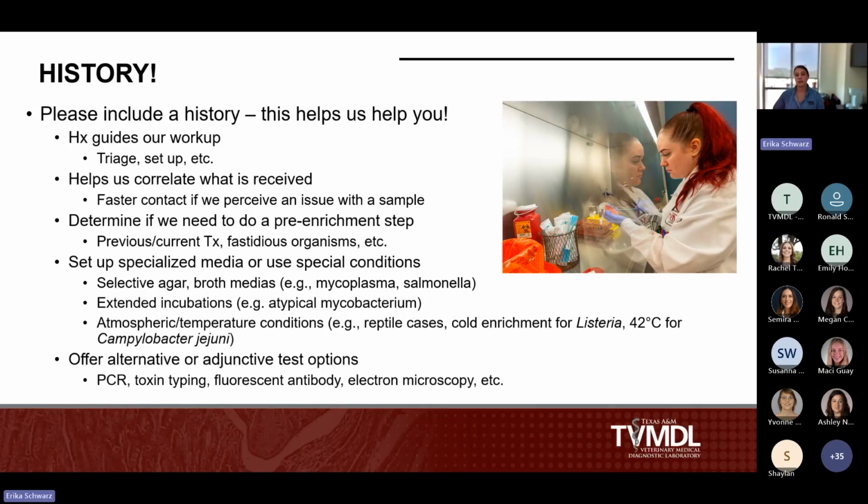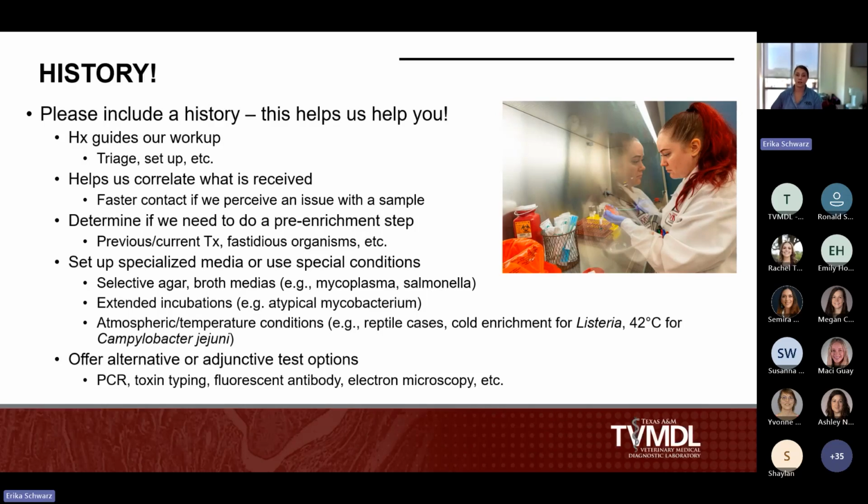And then finally, the history also gives us an opportunity to offer you adjunctive testing or alternative testing if it might be more appropriate. So for example, if we know we're looking for something that doesn't grow well in culture, but we have a PCR we can offer you, this gives us an opportunity to have that discussion with you prior to when we set up that testing, so that maybe you're not wasting money doing something that's not appropriate or isn't really going to help you.